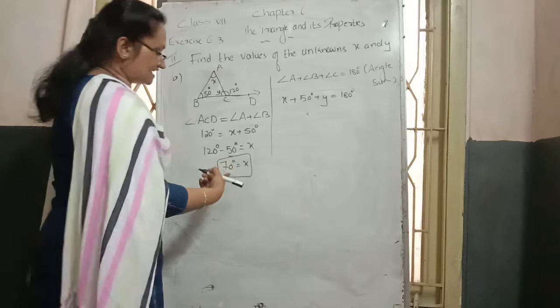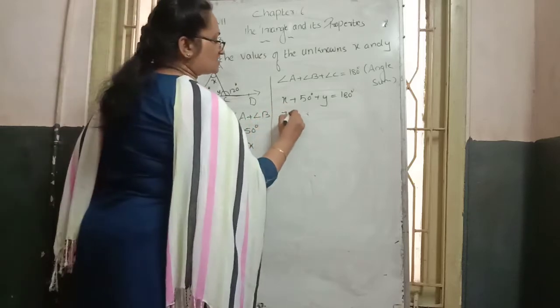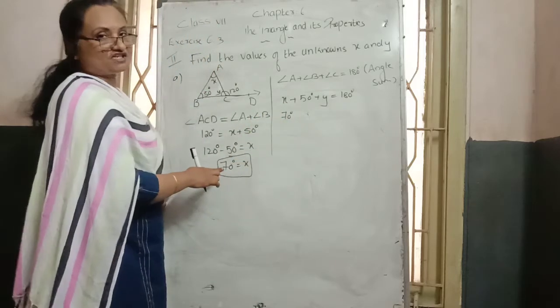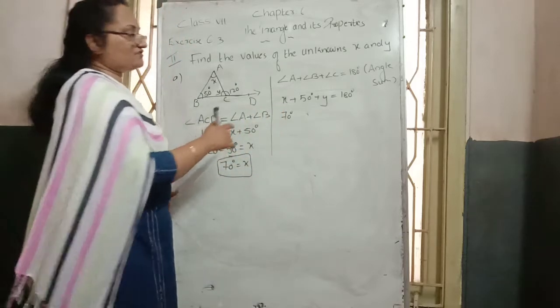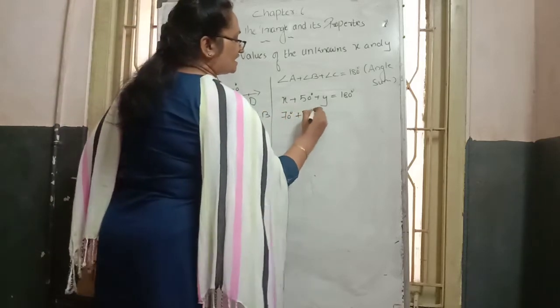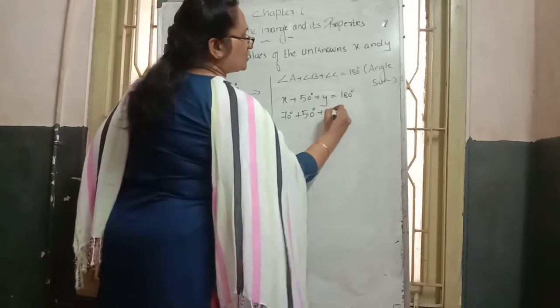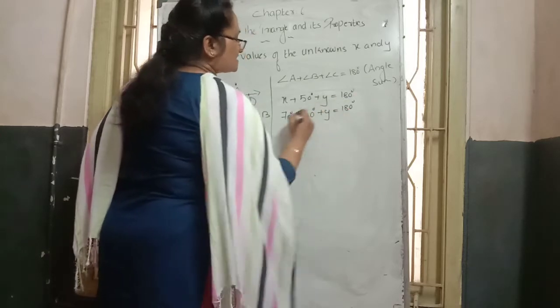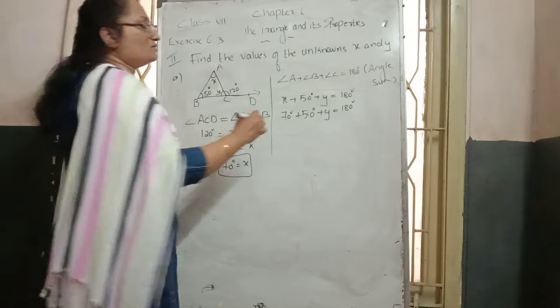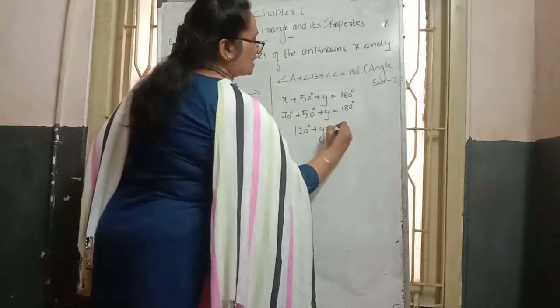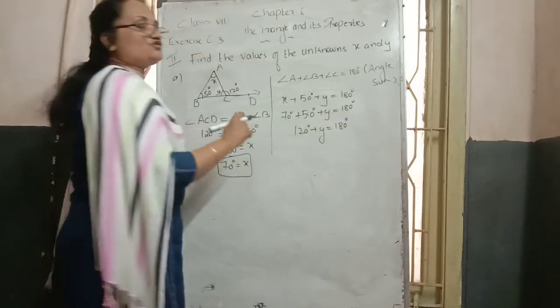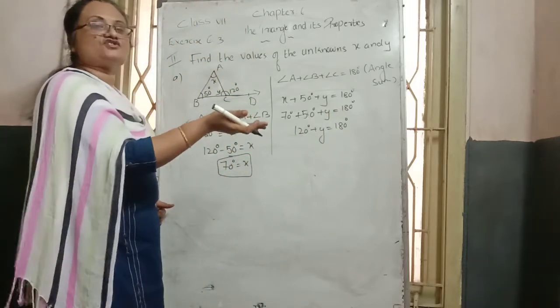In the previous step we got the x value as 70 degrees. That's why we substitute 70 in place of x. 70 plus 50 plus y is equal to 180 degrees. 70 plus 50 comes to 120 degrees. 120 plus y is equal to 180 degrees. To find y, the plus 120 goes to the right side.